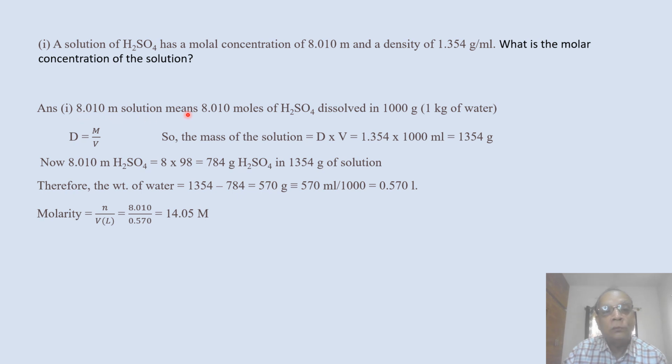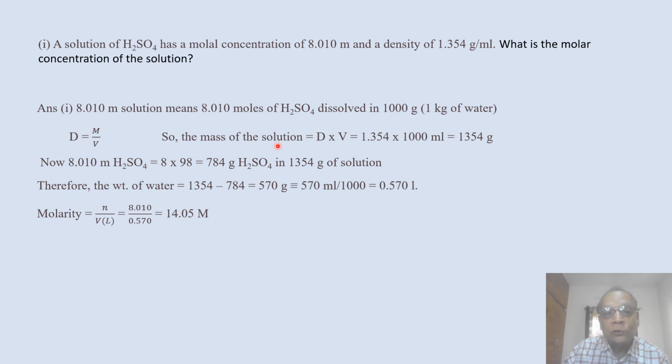8.010 m solution means that there are 8.010 moles of H2SO4 dissolved in 1000 grams or 1 kg of water. We know that density is given by mass over volume, the ratio between mass and volume.